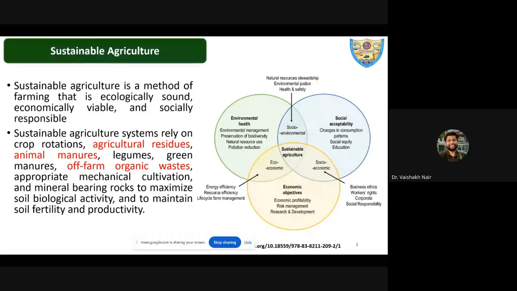Okay. Now, when we ask what is involved in sustainable agriculture, it's basically carrying out activities which are directly related to these three major objectives. These objectives can lead into many different dimensions.